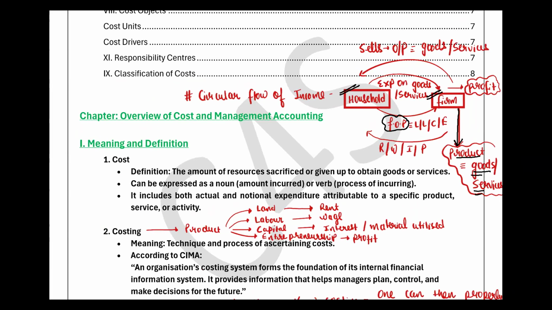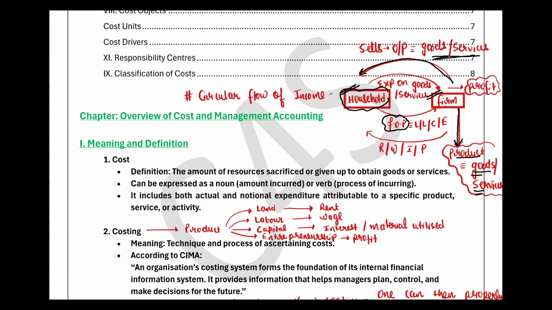Once these goods and services have been produced, the firm sells this output in the market, and the household buys these goods and services.